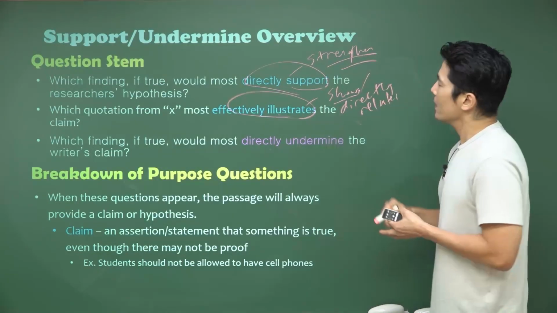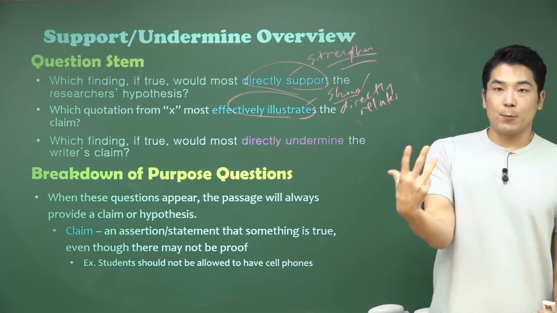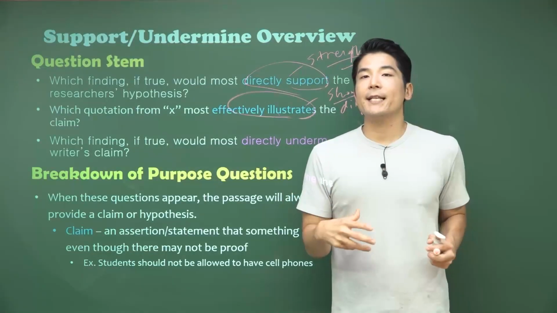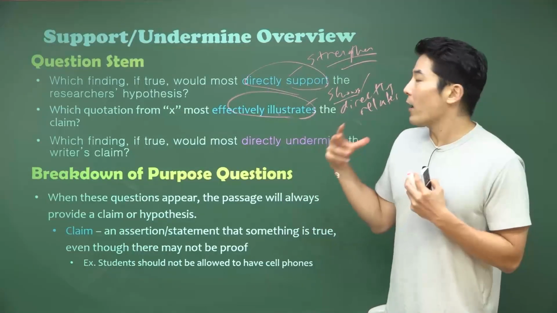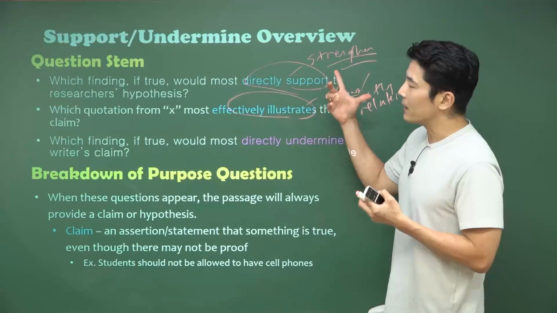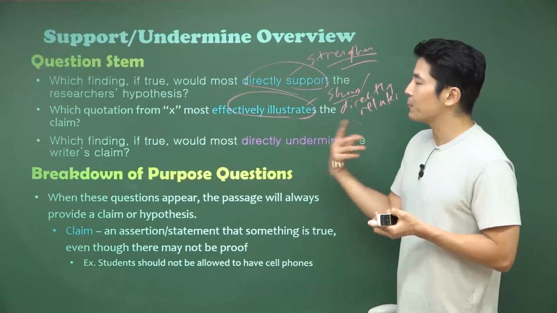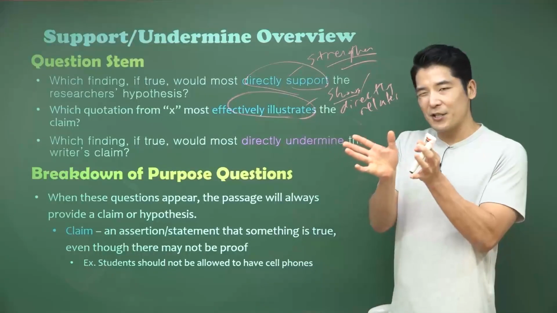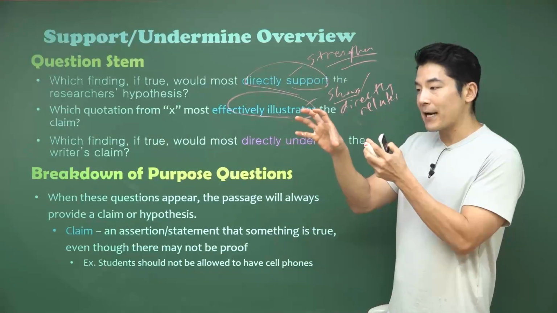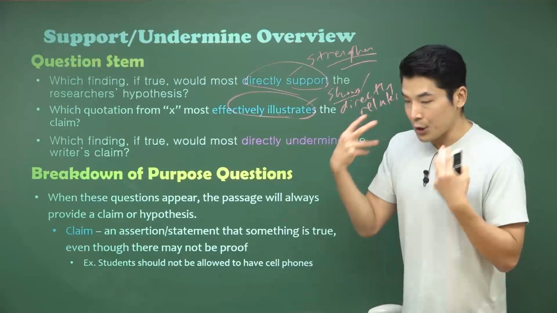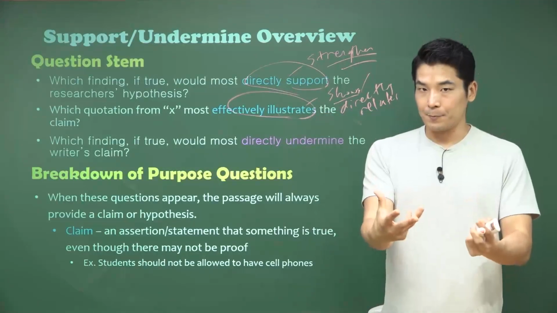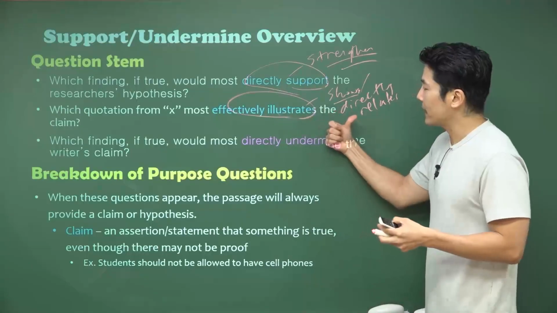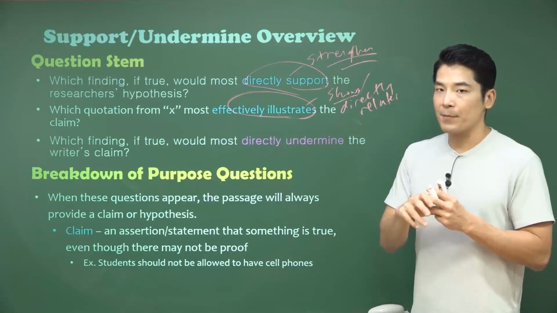One of the ways to support a claim or a hypothesis would be to illustrate it, but illustrate can also mean that all it does is directly relate. It shows you what the claim tells you, and that's what illustrates would mean precisely, okay?